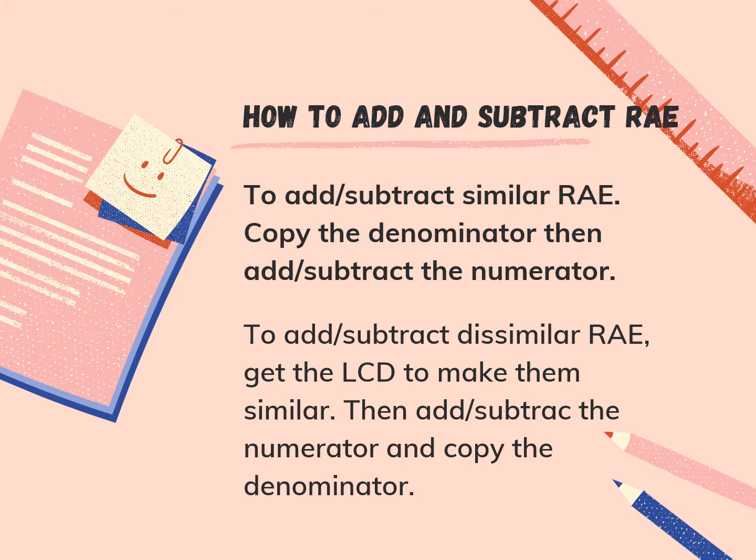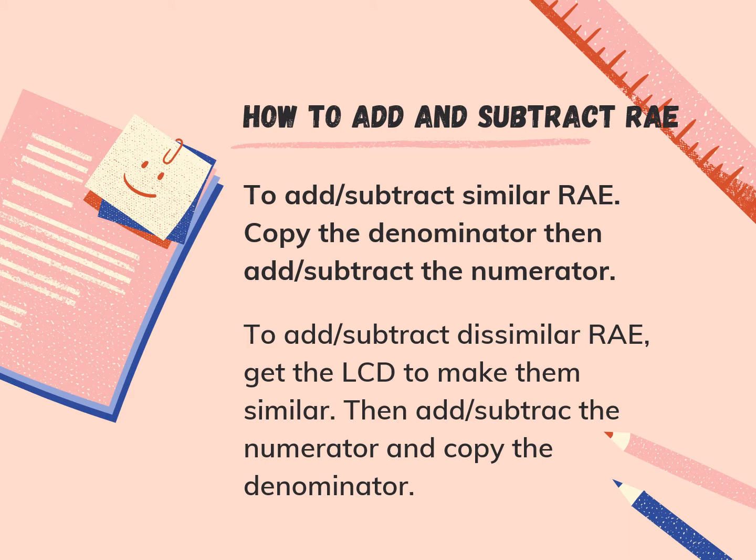If the rational algebraic expressions are similar, so they have a common denominator, then just like how we add similar fractions, you just add or subtract the numerators, then you just copy the denominator.